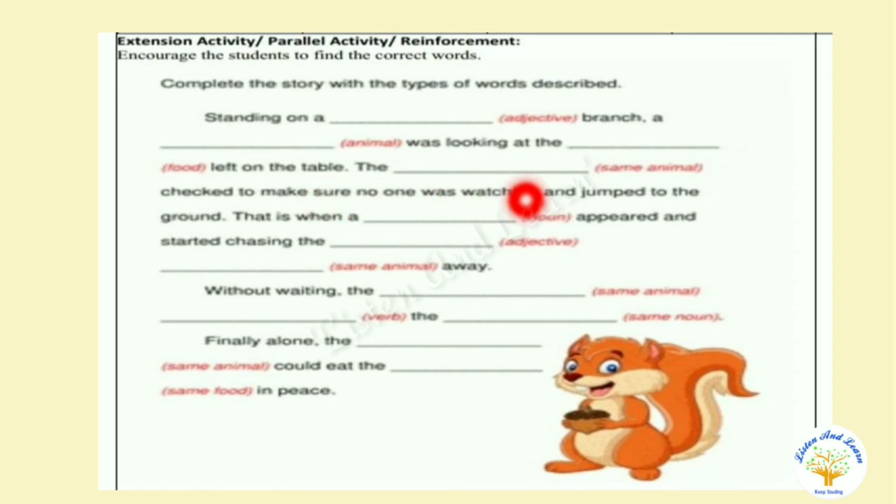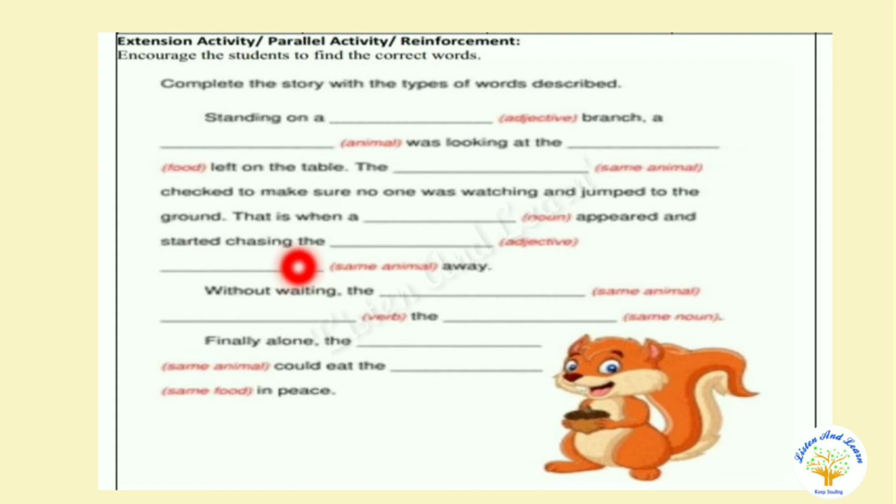The squirrel checked to make sure no one was watching and jumped to the ground. That is when appeared. Use a proper noun here. It may be a dog, cat, and started chasing the squirrel. But you have to make use of adjective here.